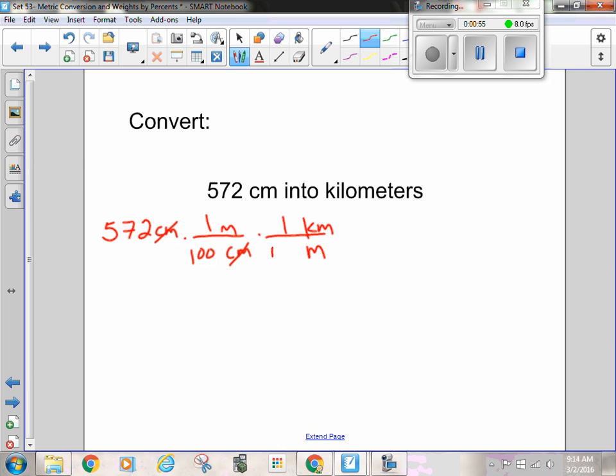And now I want it into kilometers. And so 1 kilometer is 1,000 meters. So we have 572 on the top and 100 times 1,000 on the bottom. And what you're left with is going to be kilometers because that's our only label left in this one.